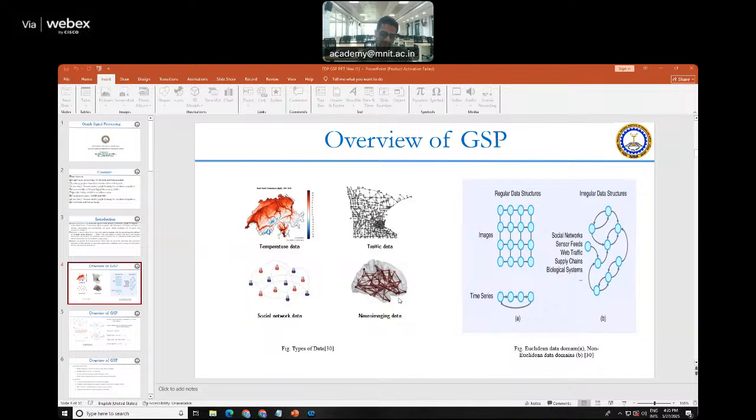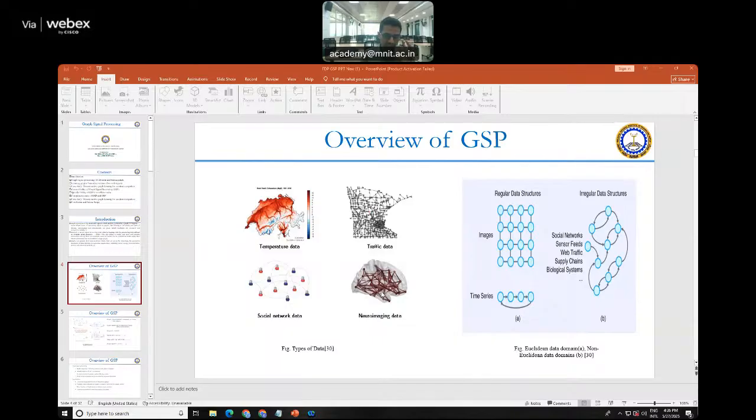It is exactly the same way, for example, some places which are nearby to Jaipur. If we really consider the language of one place to another place, they will be relatively similar because of the proximity. So in the same way, when we want to analyze the brain data, this interconnection becomes very, very crucial to analyze the overall phenomena.